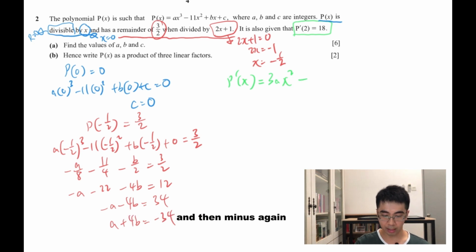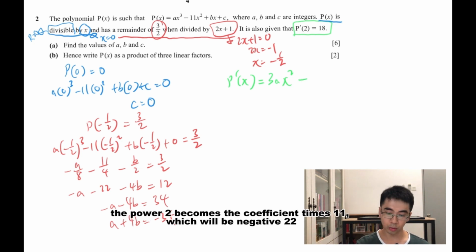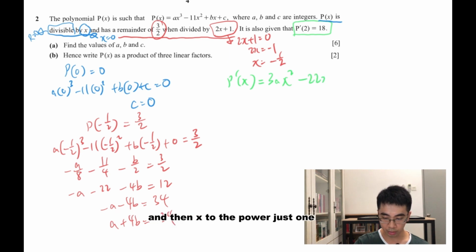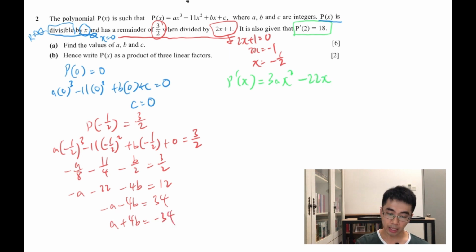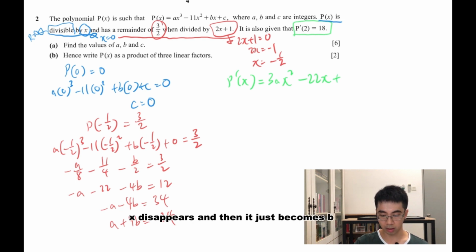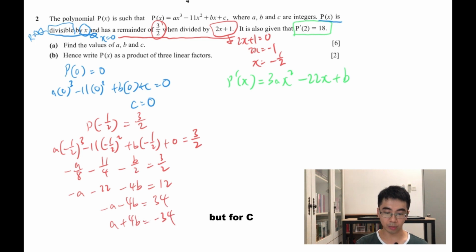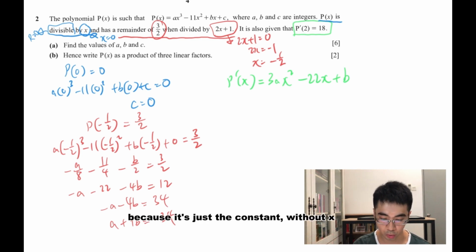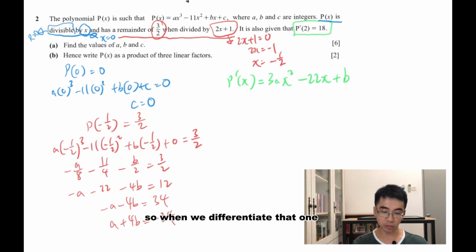And the minus, again, the power 2 becomes the coefficient times 11, which is negative 22, and then x to the power 1. And then plus b, because the x disappears. But for c, because it's just a constant without x, when we differentiate it, we get 0, and it disappears. So this is the differentiation of p of x.